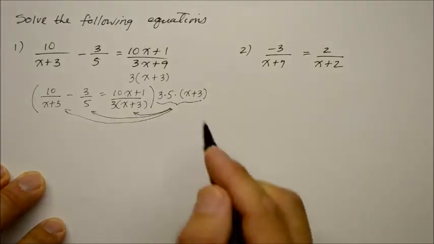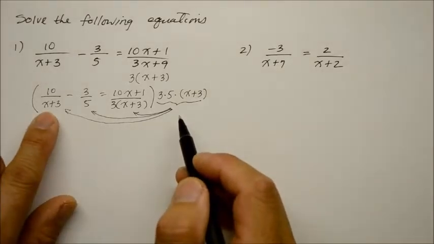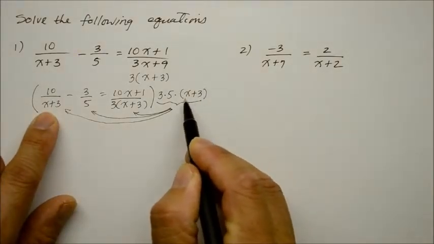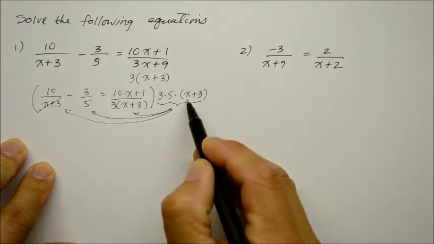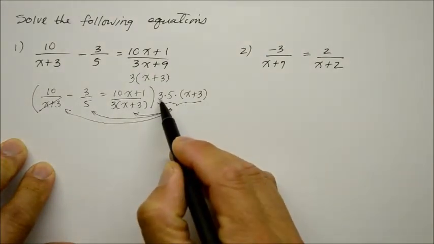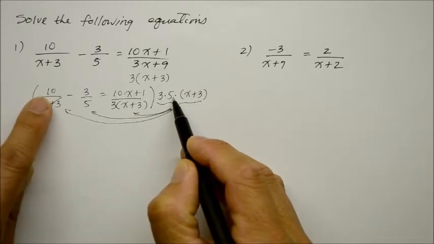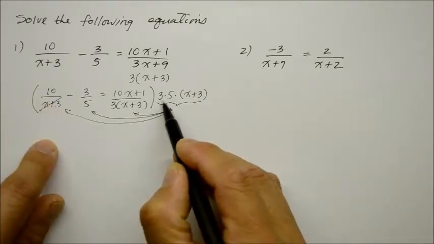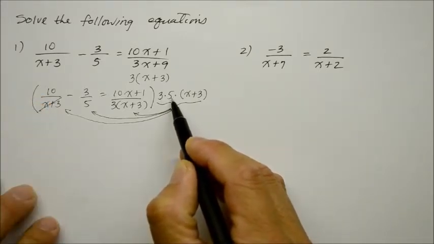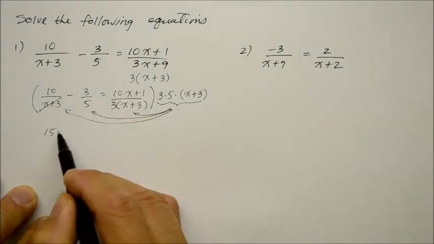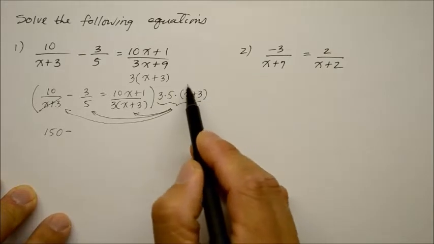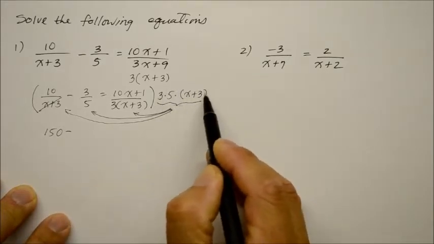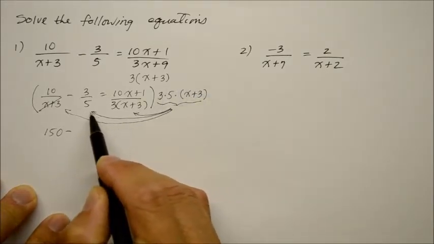And here's what happens. The x plus 3 simplifies the x plus 3 here. They cancel out. What remains outside the quotient is 3 times 5 times the 10. So 3 times 5 is 15 times the 10 is 150. Minus, now take the entire collection of denominators again and multiply to the second quotient.